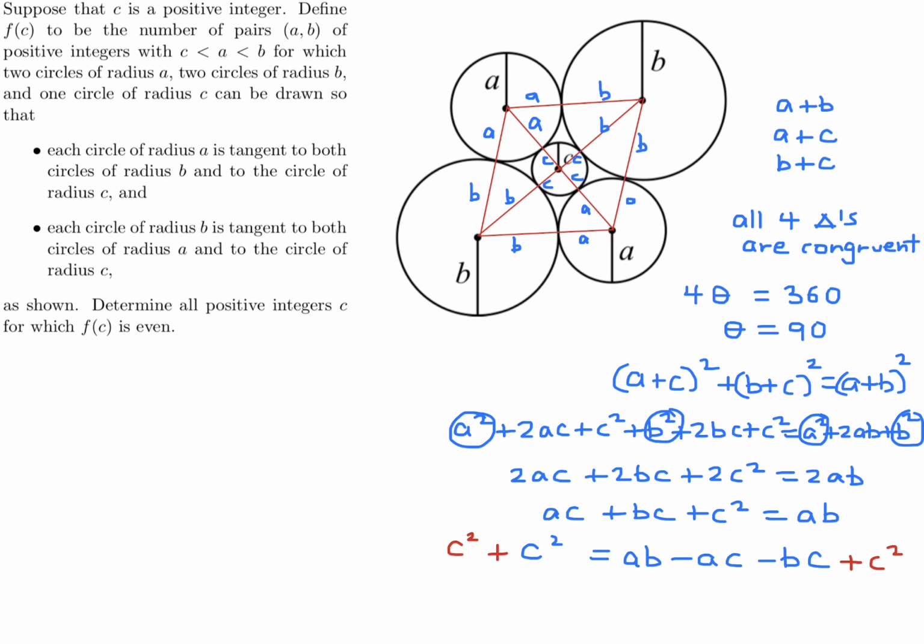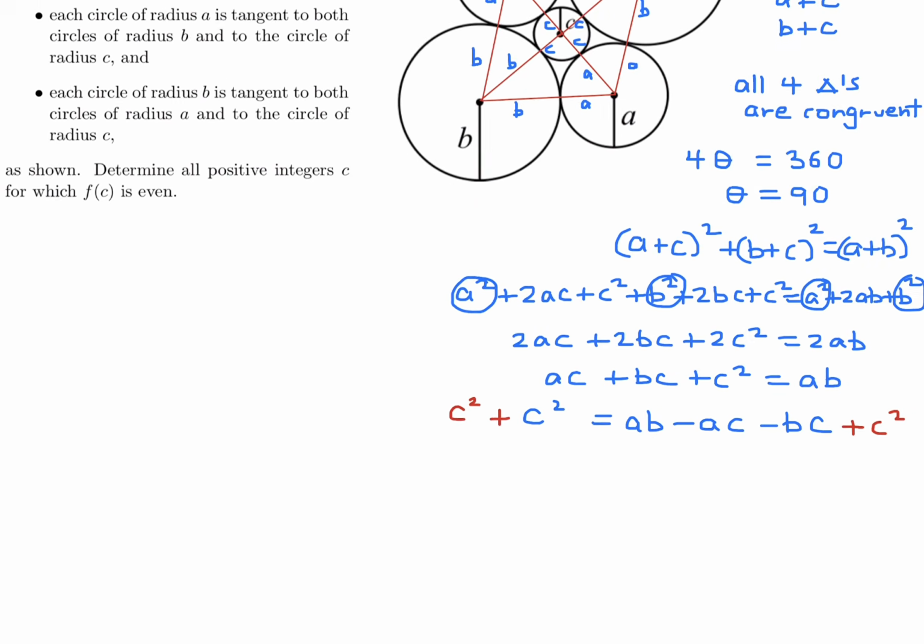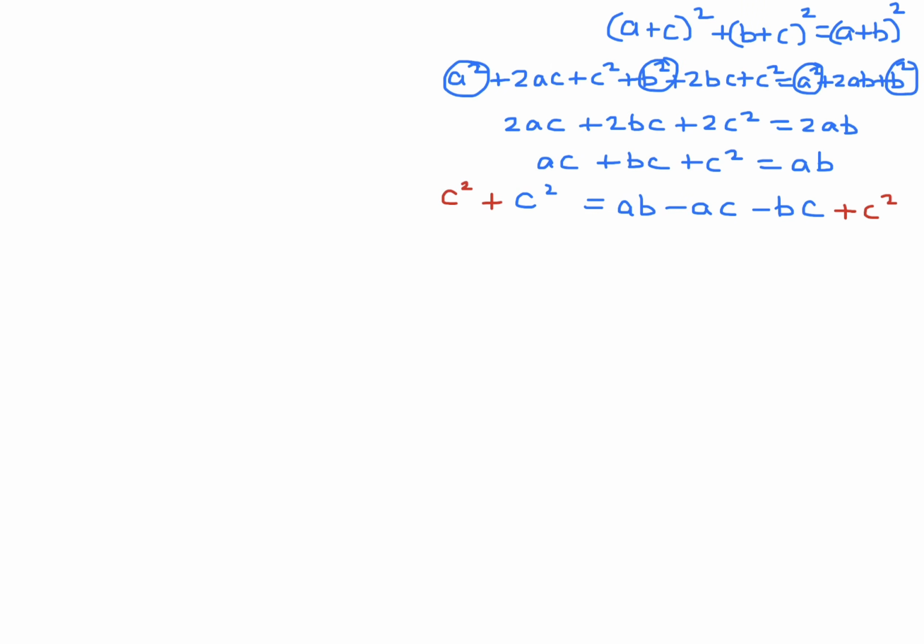And that allows you to factor the other side. So this just becomes 2c squared, but this you can factor now, b minus c, and from here you can also factor a minus c, and it gives you b minus c. So therefore this is a minus c times b minus c, and that's 2c squared.